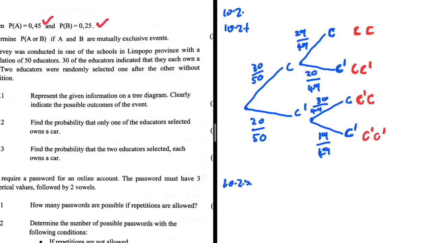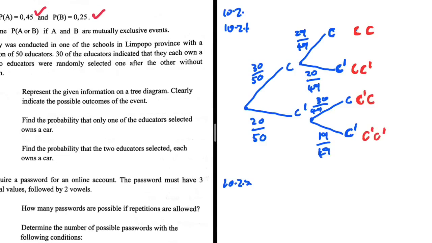Find the probability that only one of the educators selected owns a car. Only one. We're interested in this outcome because in this outcome, only one teacher owns a car. We're also interested in this outcome because only one teacher owns a car in that outcome.